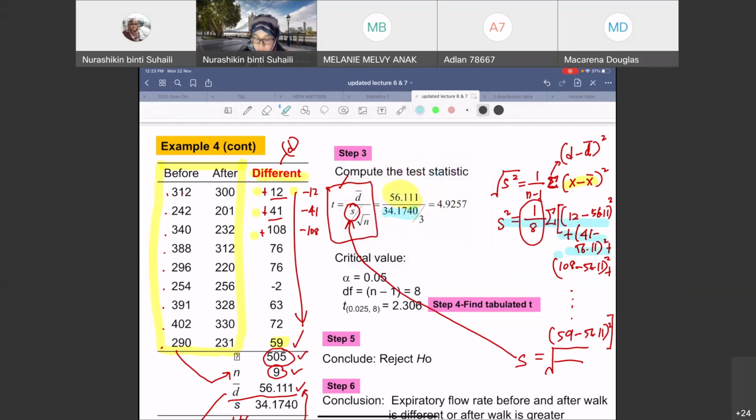Okay, this is just for you to practice lah, how to find the S. Okay, now once you got the T, which in this case is 4.9. Okay. So that is the T calculated.